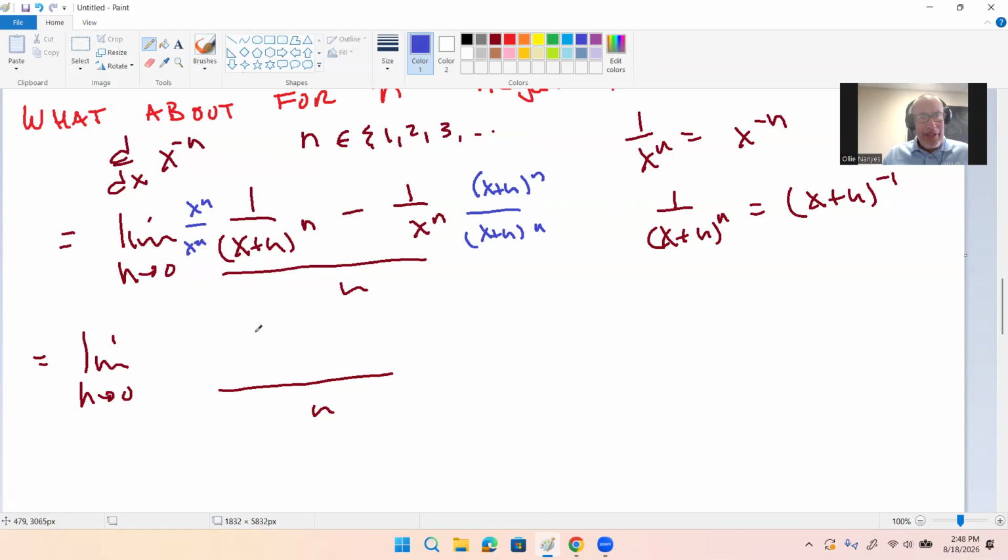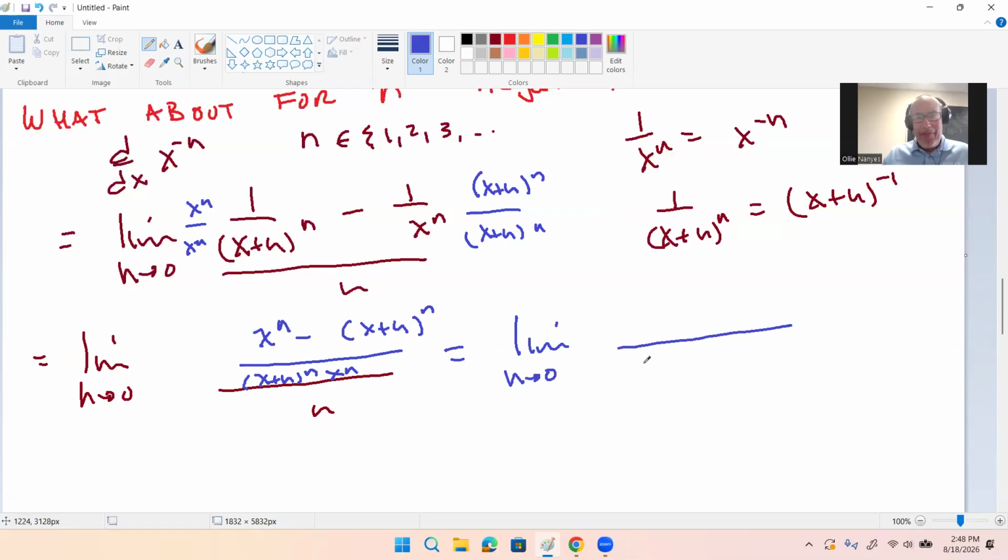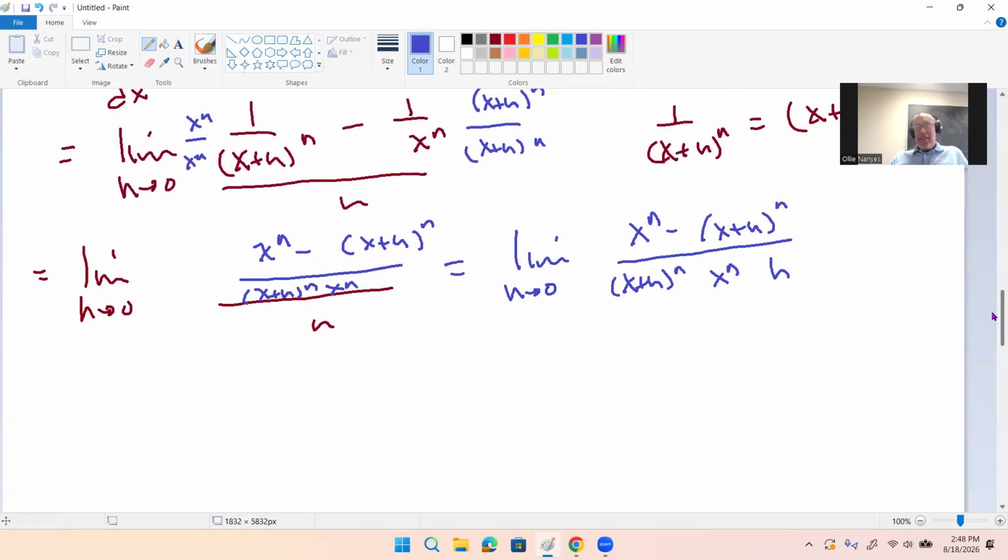And so what we end up with is x to the n minus x plus h to the n, all over x plus h to the n times x to the n. All right, now by using basic algebra, we now have this denominator here, and we have our h, and then we have the top. Now we can do the binomial theorem again.